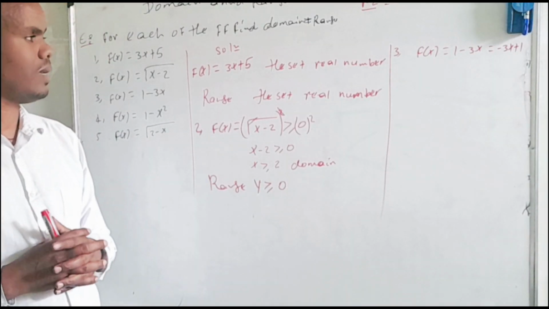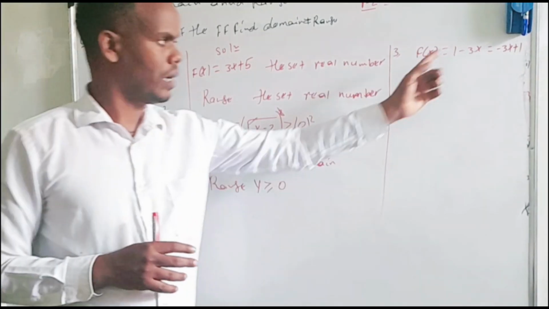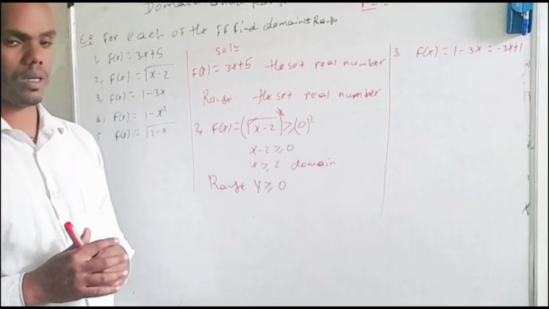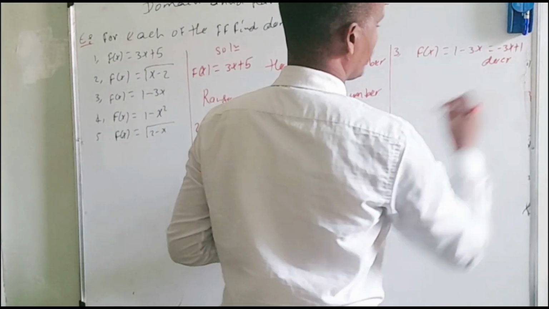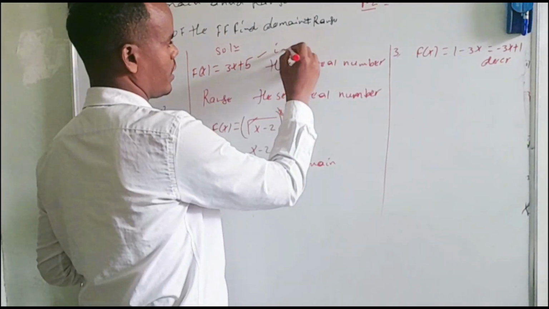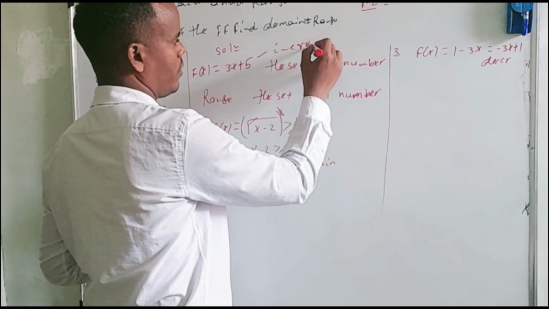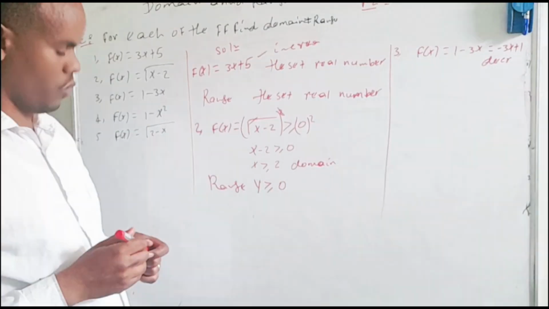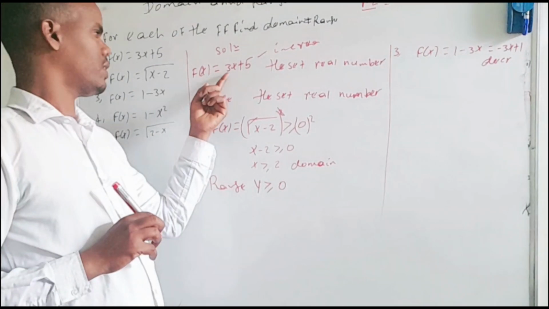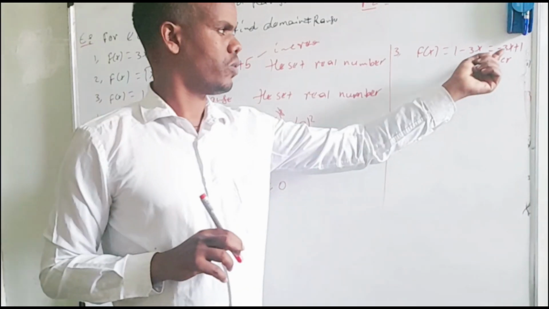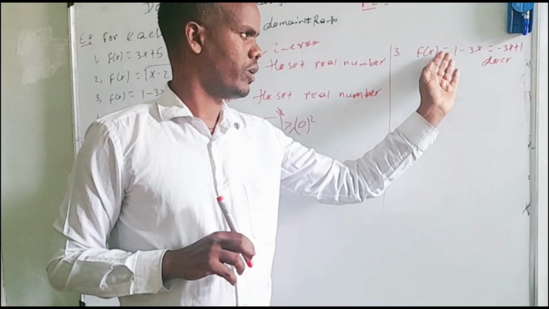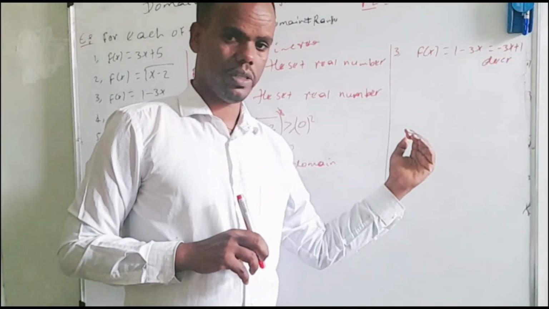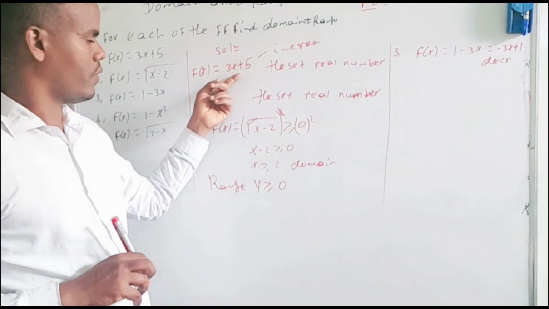This one is a decreasing function, and this one is an increasing function, because the leading coefficient here is positive, while the leading coefficient of this one is negative 3. Decreasing means that when the value of x increases, the value of y decreases. For this function, when x increases, the value of y increases.